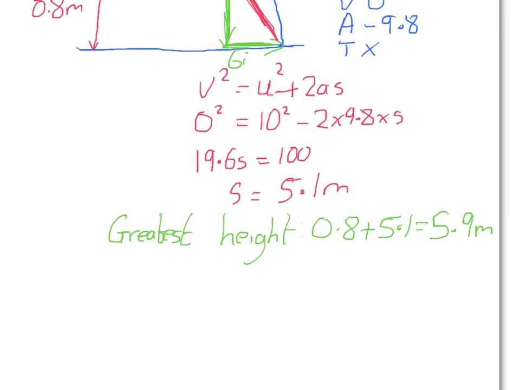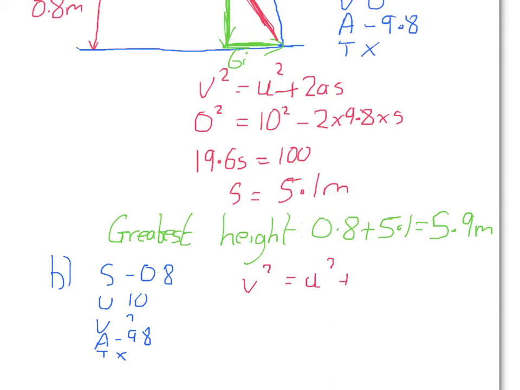So, part B, we're going to use SUVAT again. We're not using time again. We know a is minus 9.8, we know s is minus 0.8, we know the initial speed is 10, and the final velocity is what we are trying to find out. So the SUVAT equation we're going to use again is v squared equals u squared plus 2as.